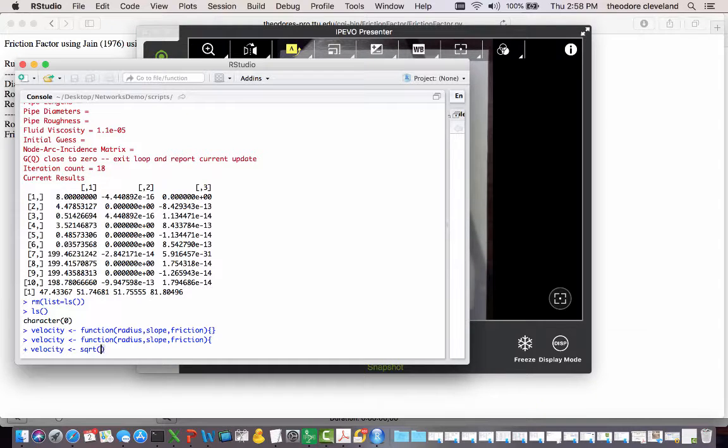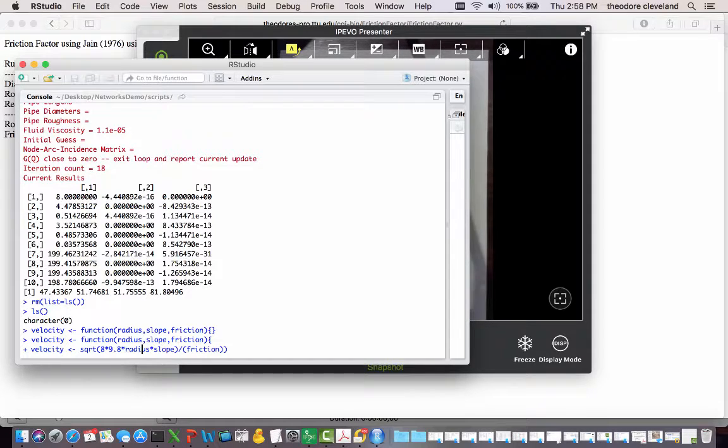square root of 8 times 9.8 times radius times slope. That's divided by friction factor.